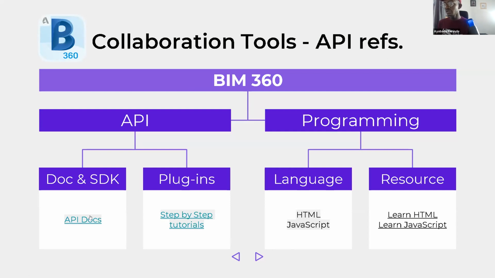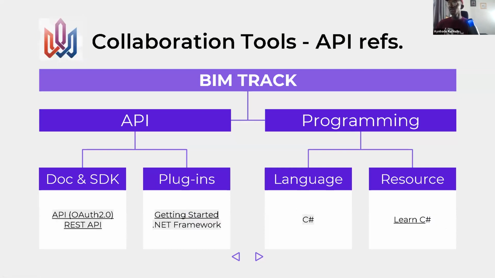You have the documentation online where you would learn how to work with the BIM 360 API, how you can manage documents on the cloud, how you could access documents, access models and the likes, BIM models, and collaborate better. You could create custom tools over BIM 360 using HTML and JavaScript. You could learn JavaScript and HTML from any web page. There are free platforms online to learn these programming languages.